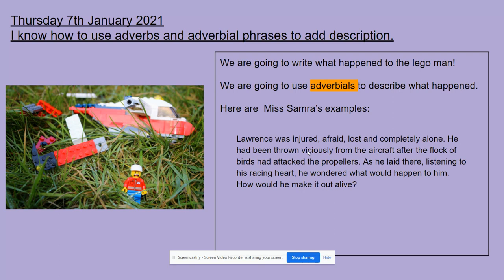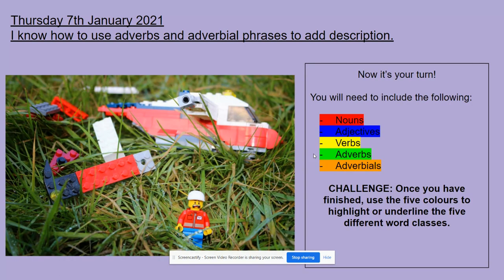He had been thrown viciously from the aircraft includes an adverb, but we've also got when it happened, after the flock of birds had attacked the propellers. That's the adverbial phrase, the group of words that are describing when he was thrown from the aircraft. Viciously is describing how he was thrown from the aircraft.